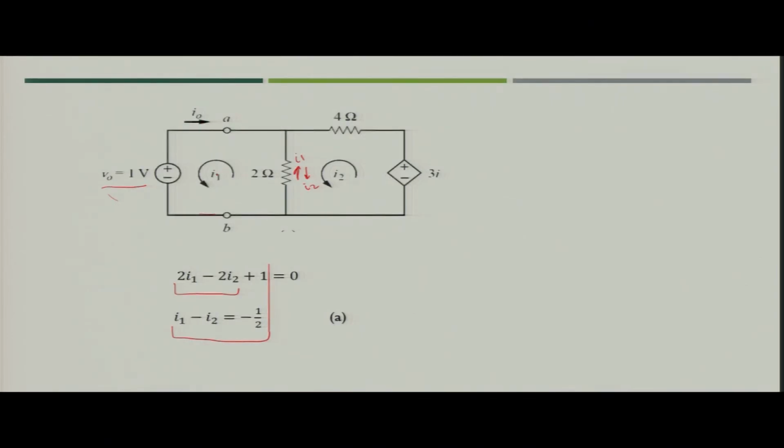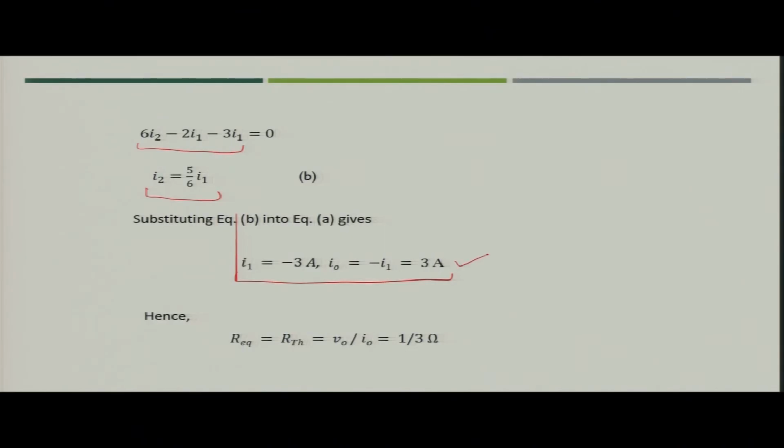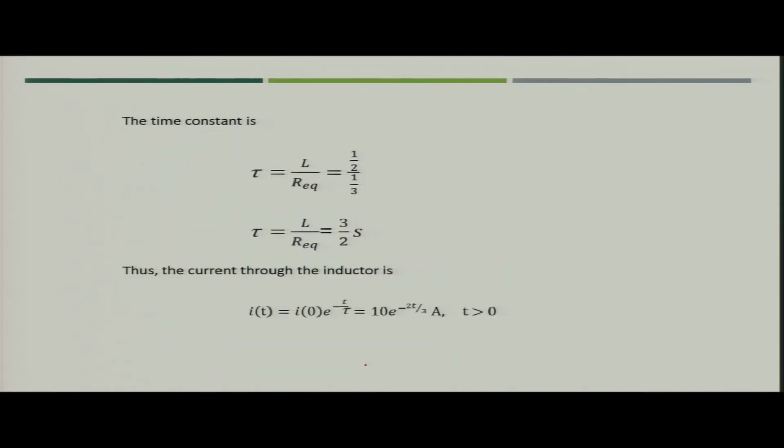So, I0 will be minus I1, and we get I0 as 3 ampere. Now, R equivalent is nothing but the Thevenin resistance, and its value is V0 upon I0. V0 is 1 volt and I0 we have just calculated as 3 ampere. We get 1 by 3 ohm as the Thevenin resistance.